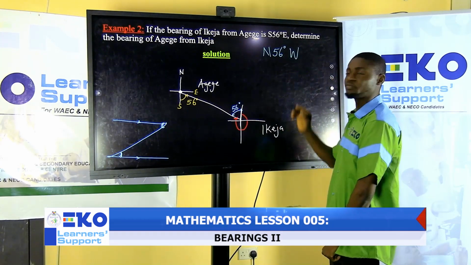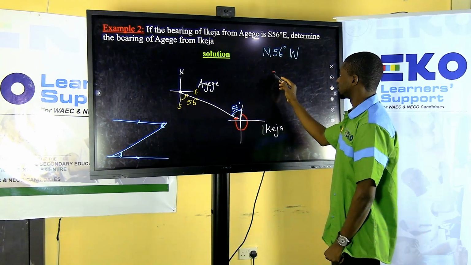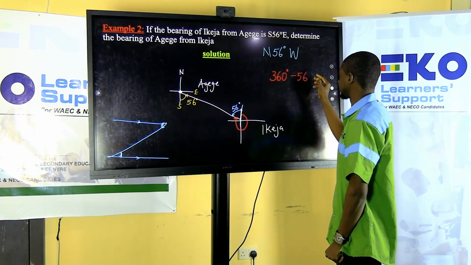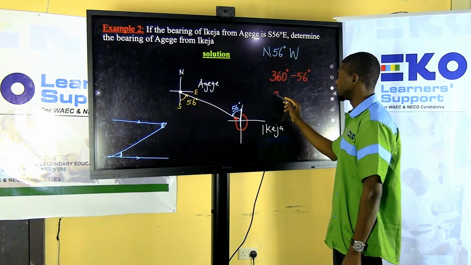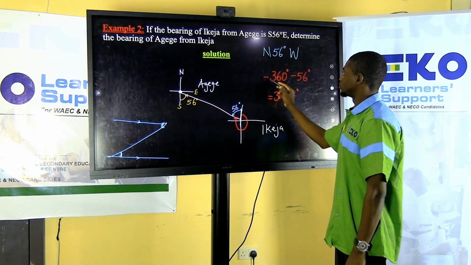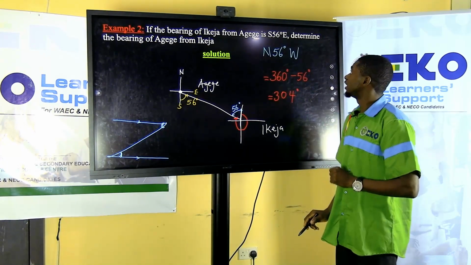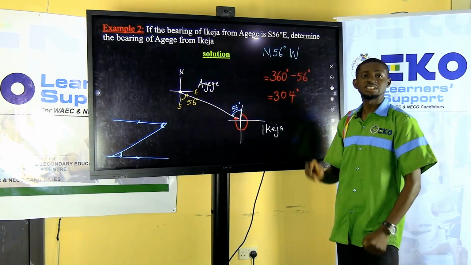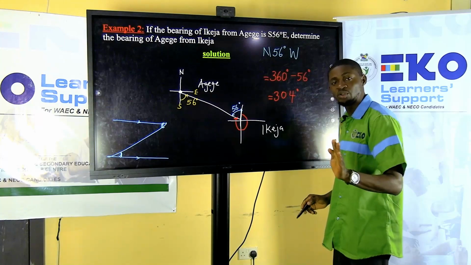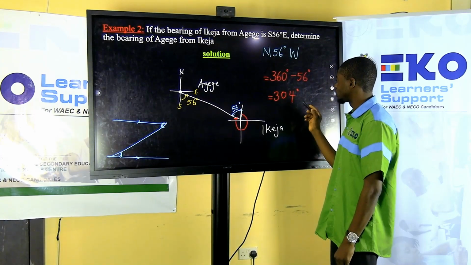That means in three figures it is going to be 360 degrees minus 56 degrees, which will give you 304. So if you want to return it to them in cardinal bearing, north 56 degrees west. If you want to return it to them in 3-figure bearing, 304 degrees.